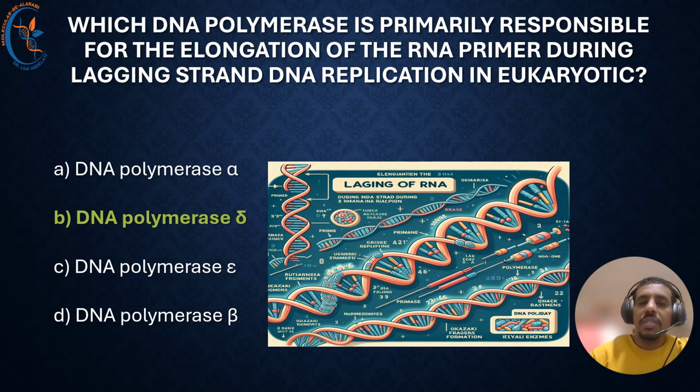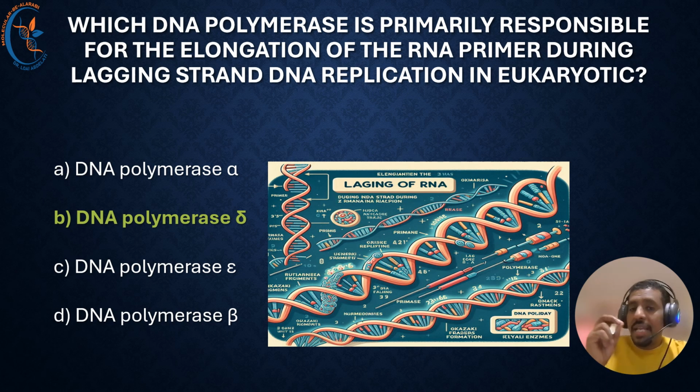Actually, during the replication of the lagging strand in eukaryotic cells, primase first synthesizes the RNA primer, right? Following this step, DNA polymerase delta steps in to extend the primer into a longer segment of newly synthesized DNA. Starting from where? Starting at the 3' end of the RNA primer.